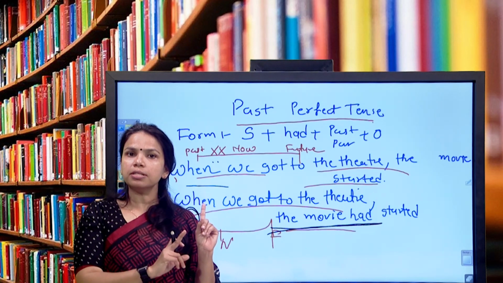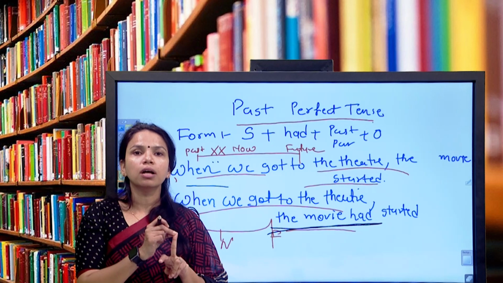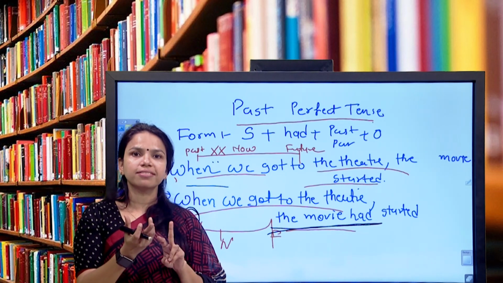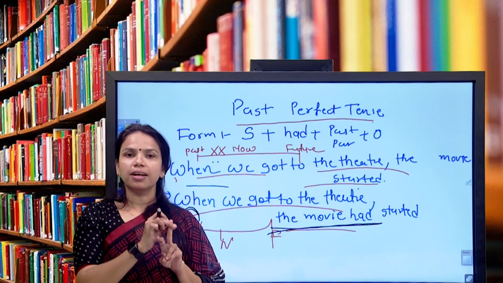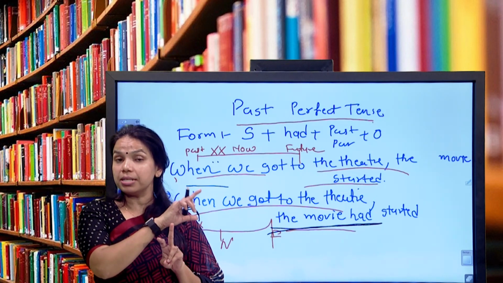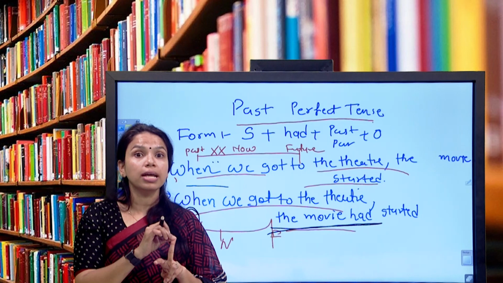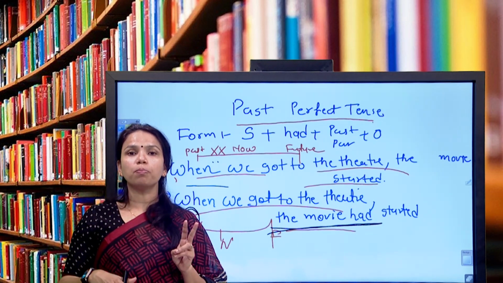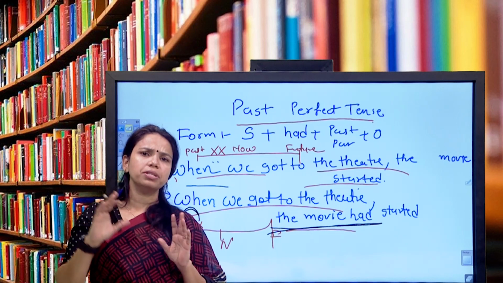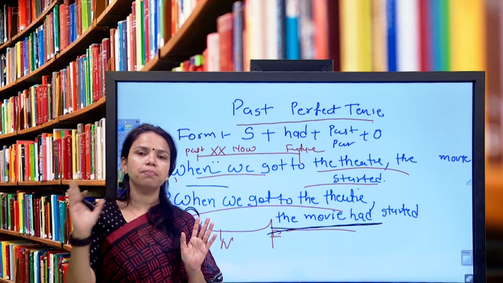With third person singular, what do you have to use? You have to use has, right? In simple present tense, you have to use s or es. In the same way, for past perfect tense, the form is subject, had and past participle.